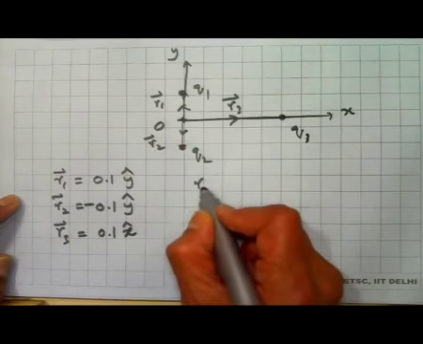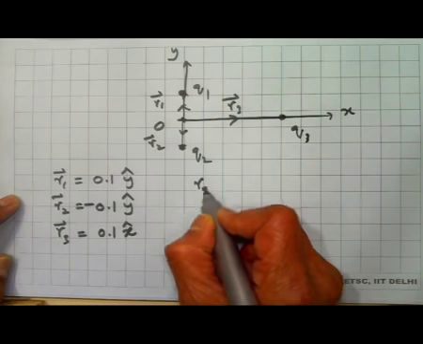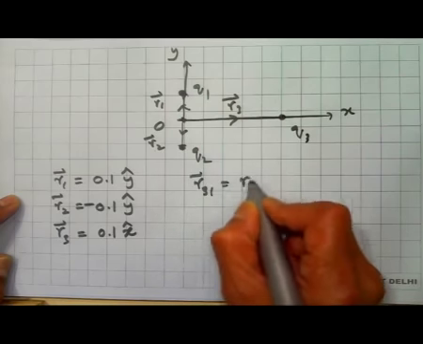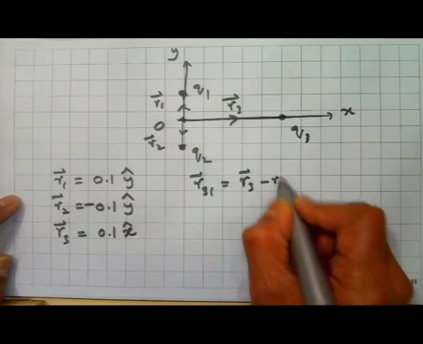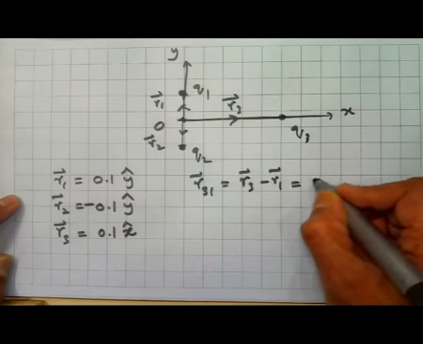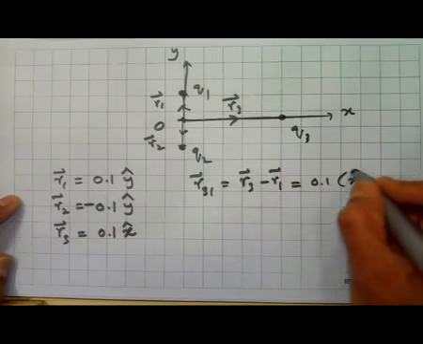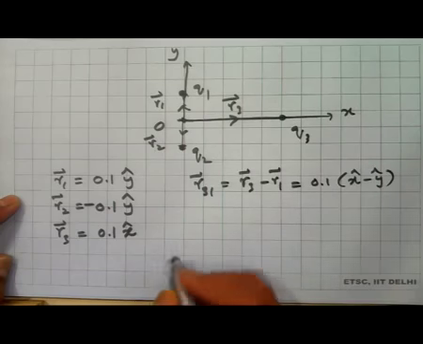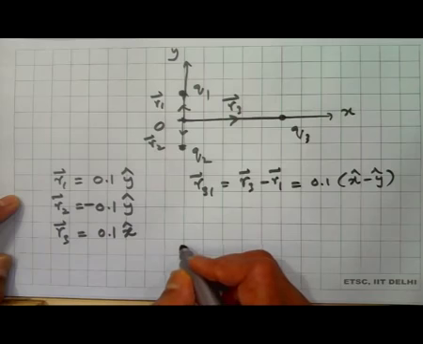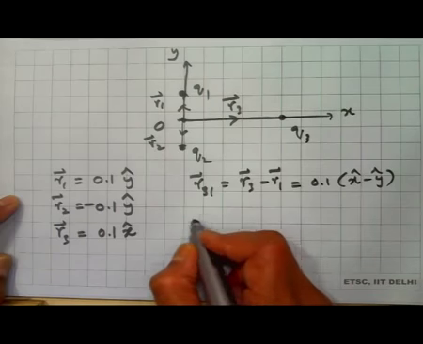So, R31 is equal to R3 minus R1, which is equal to 0.1 into x cap minus y cap. x cap is the unit vector along the x direction, y cap is the unit vector along the y direction.